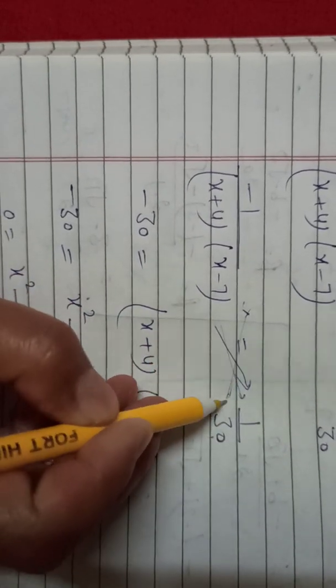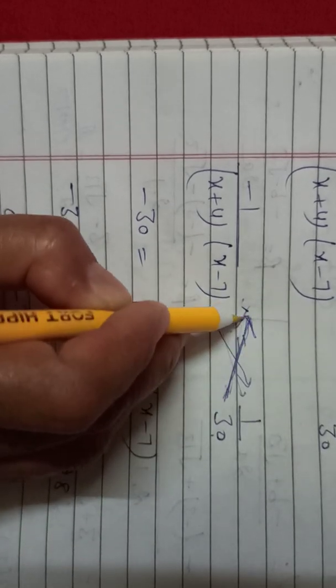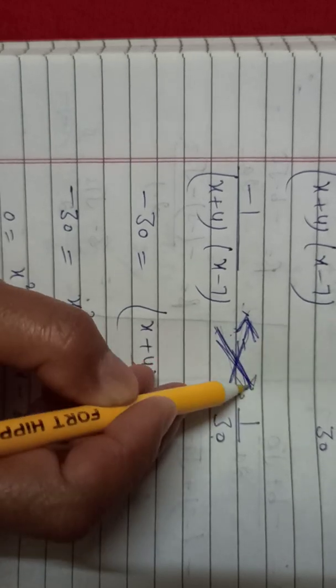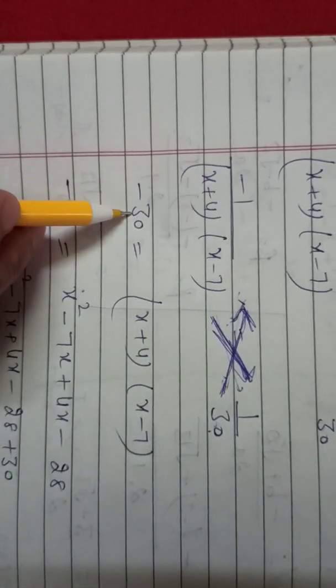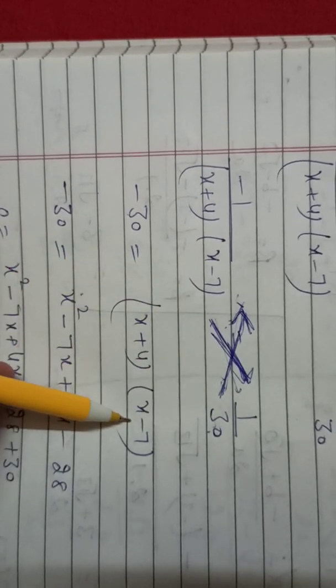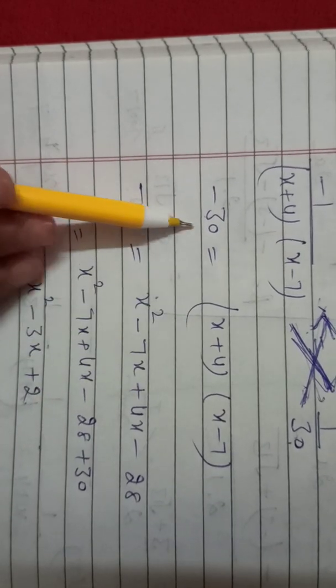Now cross multiply. This will go to this side and this will go to this side. Minus 30 is equal to x plus 4 into x minus 7. Now open it.